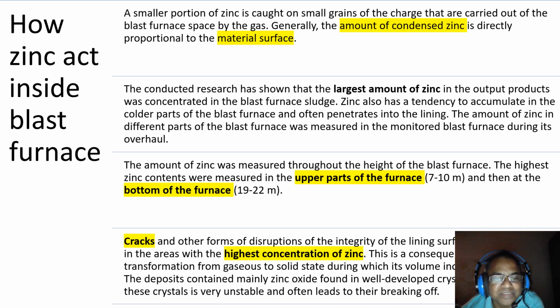Now the question arises how zinc acts, which is already discussed a lot in the first slide. It is almost similar. The only thing I want to mention is that the upper part of the furnace, which is around 7 to 10 meters, is the most favored place for zinc vapors to take shelter.